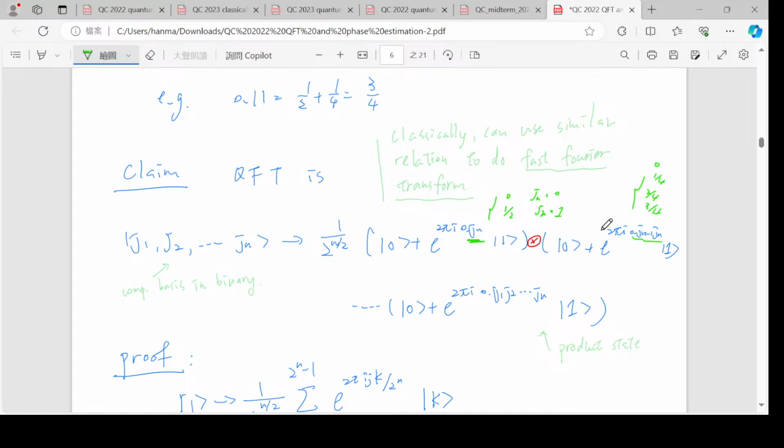And this is how you can do a so-called fast Fourier transform classically. But we'll see later that although the fast Fourier transform is faster than doing the Fourier transform naively, it is still exponentially slower than the quantum Fourier transform.